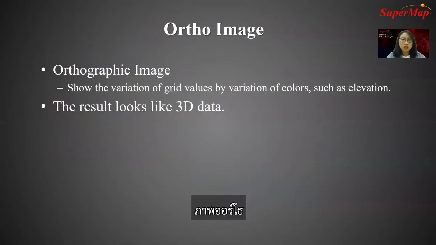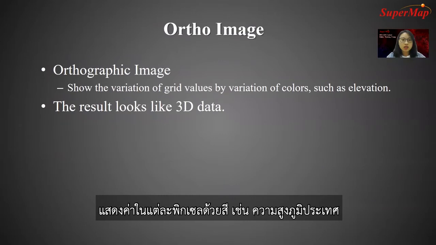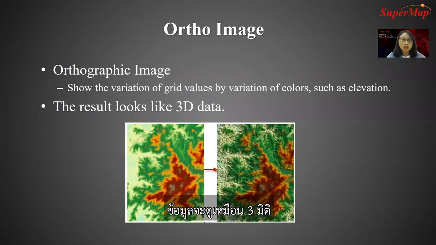And the auther image shows the variation of grid values by variation of colors, such as elevation. So the result is more like a 3D. It has a 3D effect.